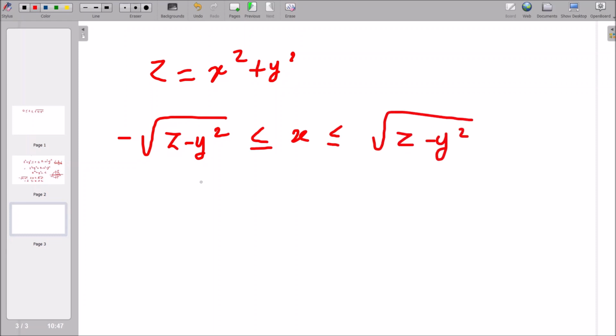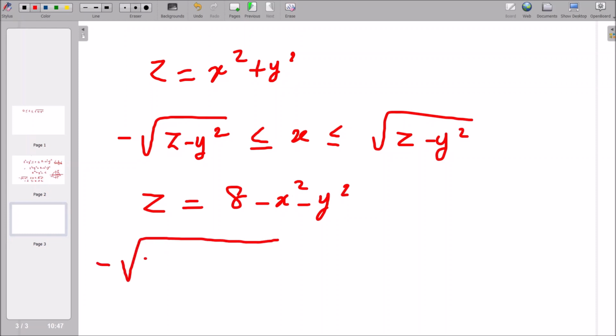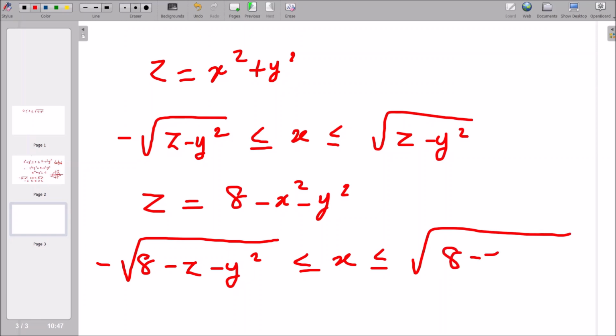And what was the downward paraboloid? The downward paraboloid was z equal to 8 minus x square minus y square. And from here your x will be minus square root of 8 minus z minus y square less equal x to plus square root of 8 minus z minus y square.